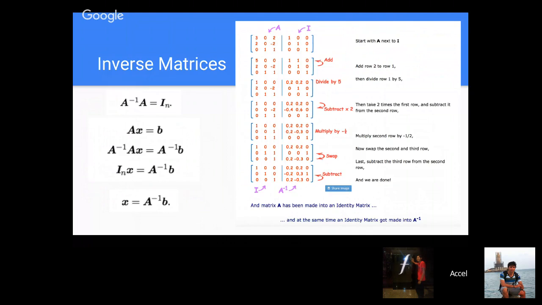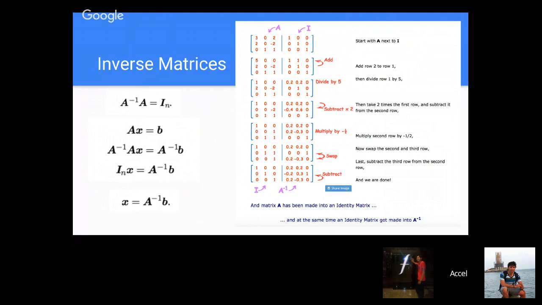Multiply the second row by -1/2, swap the second row and the third row, subtract the third row from the second row, and then you're done. So in this way, matrix A has been made into the identity matrix, and at the same time, the identity matrix has been made into the inverse of A, right? When you see it all written out.